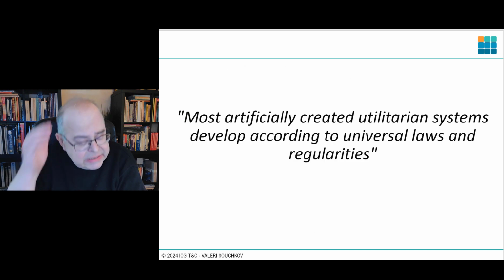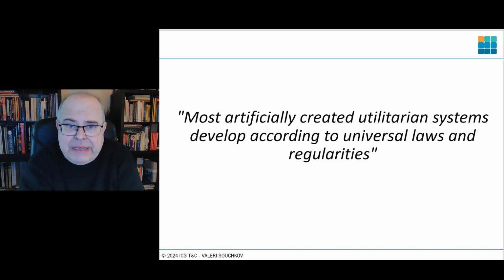And we know that one of the major postulates of TRIZ is the following. Most artificially created utilitarian systems develop according to universal laws and regularities. In classical TRIZ, Altshuler would write another definition.